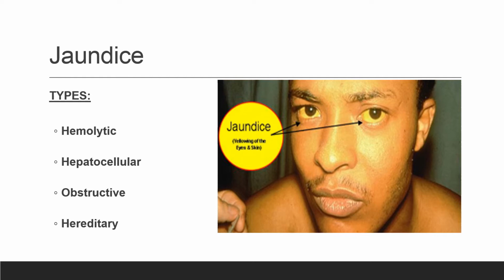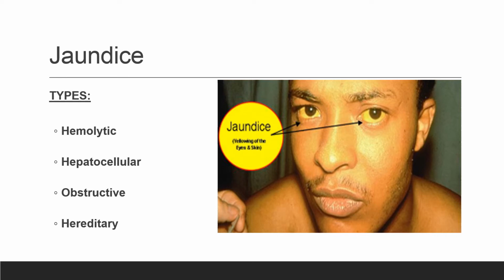And the person with the hepatocellular jaundice would have increased serum bilirubin, increased urine urobilirubin, and then the AST and the ALT will be elevated as well.